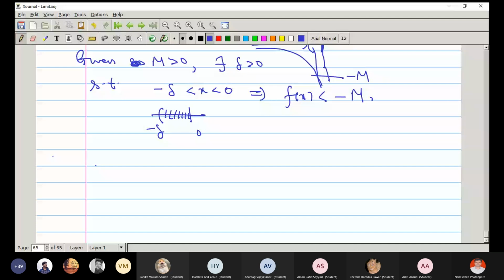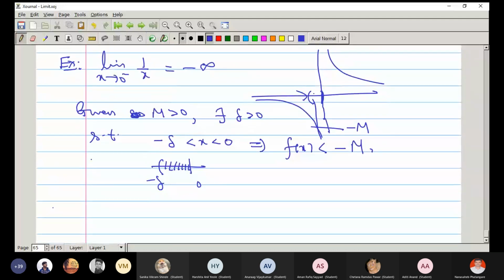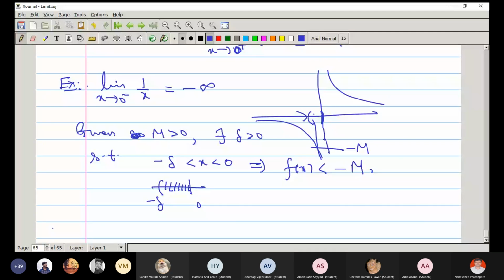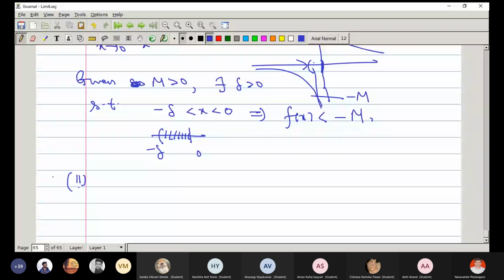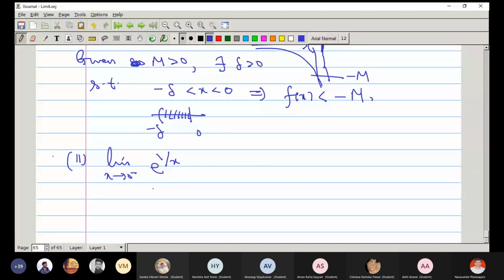And therefore, second point, what is limit x tends to 0 from left side of e raised to 1 by x? We are approaching from the left side. So what is this limit? What do we expect? 1 by x approaches minus infinity, right?